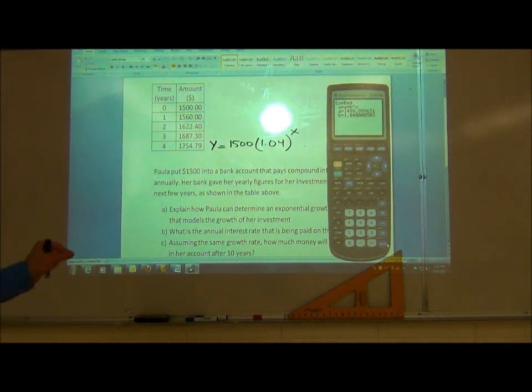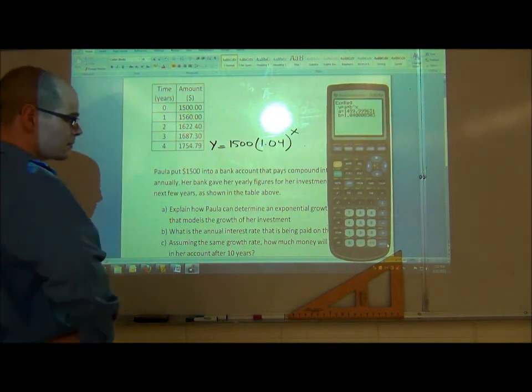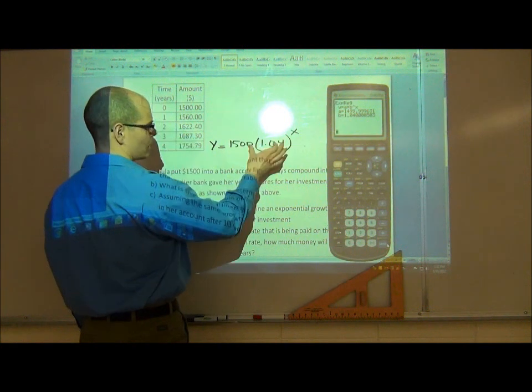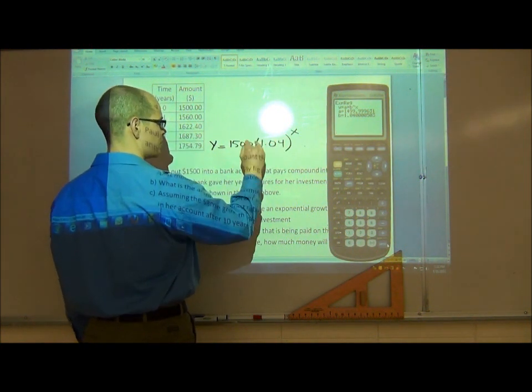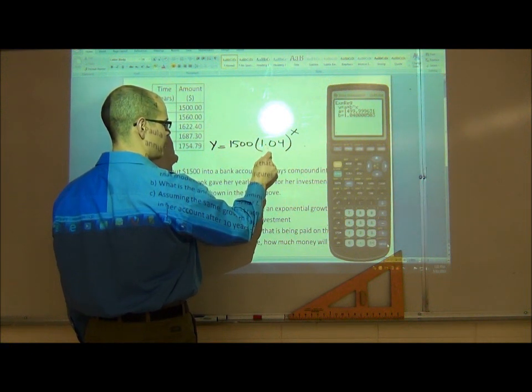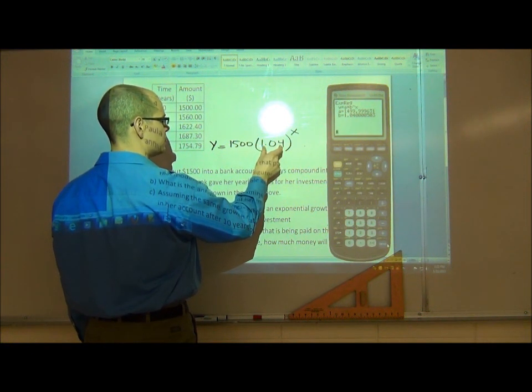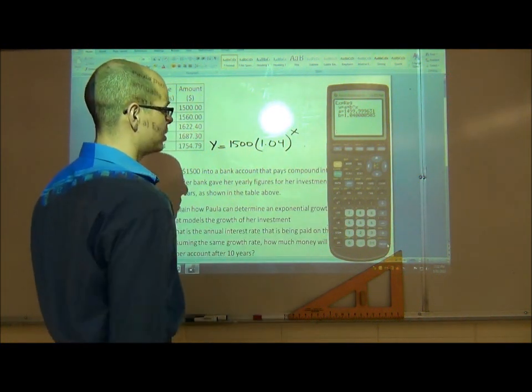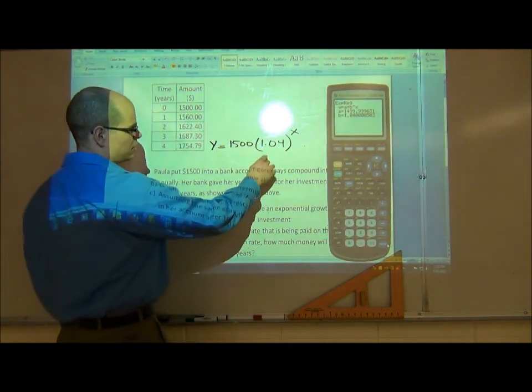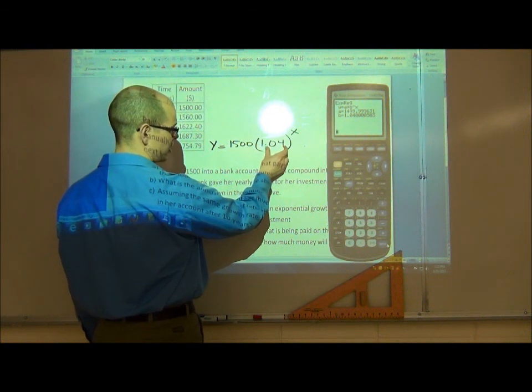Now B, it's asking what's the annual interest rate. I explained this, that this B value controls the growth. If this B value is exactly at 1, then there's no growth in the account, because 1 to the power of anything is just 1, so the account doesn't grow at all. The only part that is growing here is the part that's above 1.